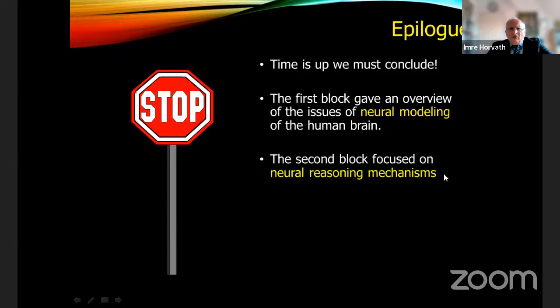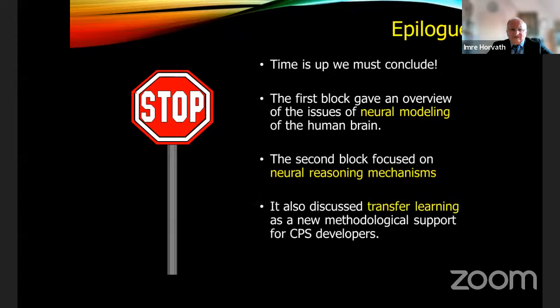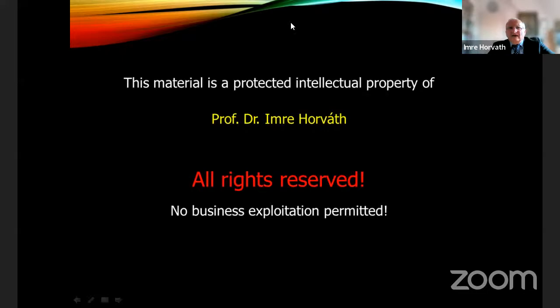The second block focused on some elements of the neural reasoning mechanisms and also some important implementations, important from the point of view of using them inside of a physical system. It also introduced the concept of transfer learning as a new methodological support for cyber-physical system developers. This concludes the first lecture.